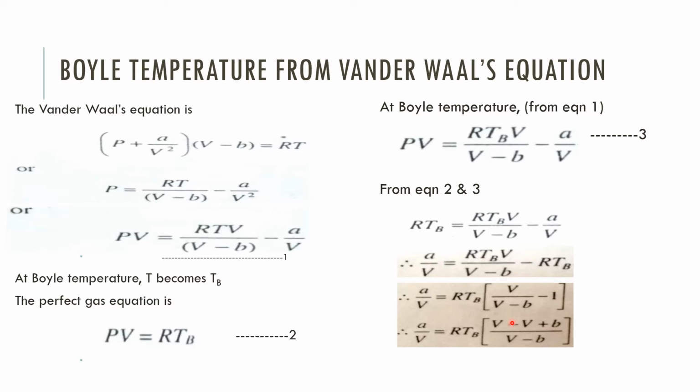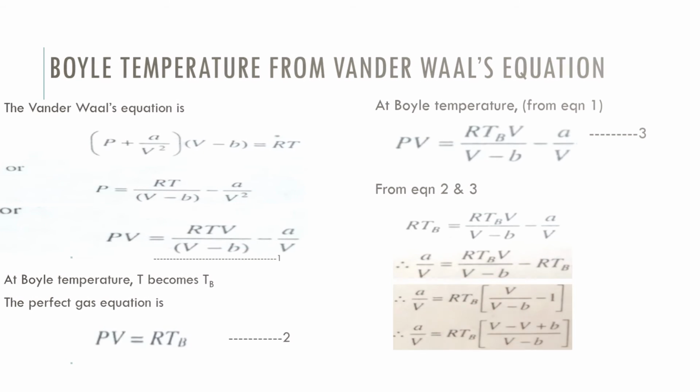Cross multiply this, so that will be (V − V + b)/(V − b). V will get cancelled out, so we get a/V = RTB × b/(V − b).